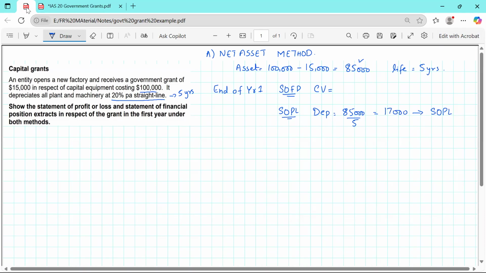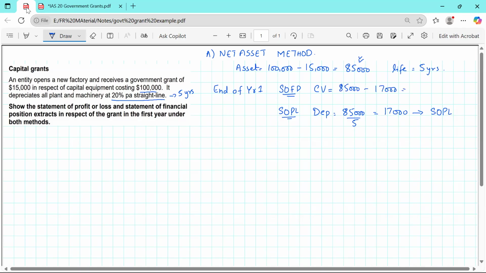Is this part clear? Yeah. Even if you do 85,000 times 20%, you will get the same answer, or you can do 85,000 divided by 5, you will get the same answer because it is straight line. So every year, the same amount of depreciation. So it means life is 5 years. Now, what is going to be the carrying value of asset? Initial value was 85,000, and the first year depreciation was 17,000. We just calculated that.